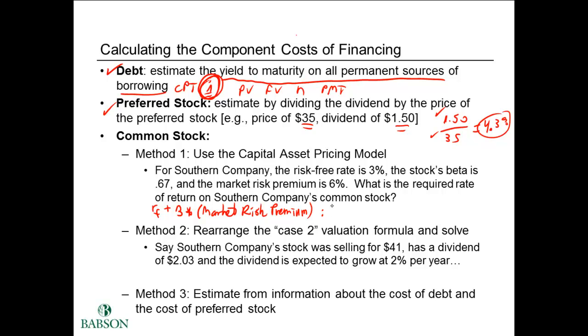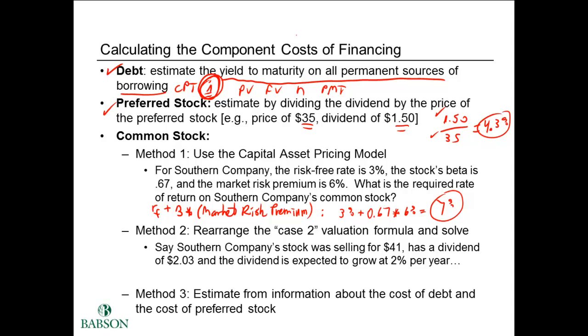So for Southern Company, if the risk-free rate is 3%, Southern Company has a beta of 0.67, and there's a market risk premium of 6%, the cost of equity for Southern Company is going to be about 7%.